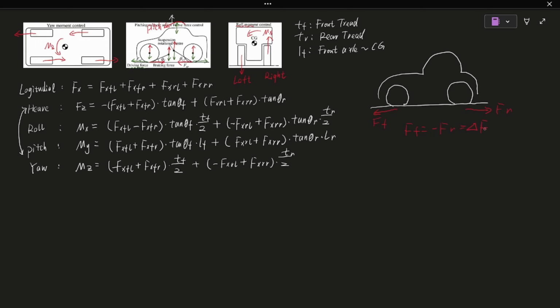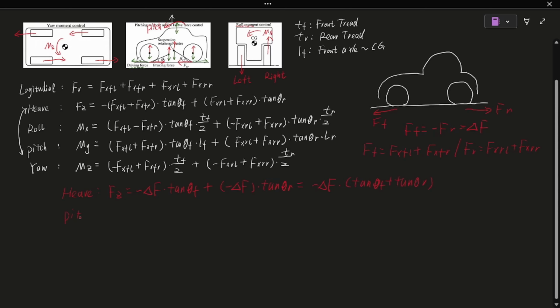Now, let's substitute delta F into the height and pitch control equations. Fz equals, here Ff is the sum of front left and right longitudinal forces. Fr is the sum of the rear longitudinal forces. Fz equals minus delta F times tan theta F plus minus delta F times tan theta R. This simplifies to minus delta F times (tan theta F plus tan theta R).